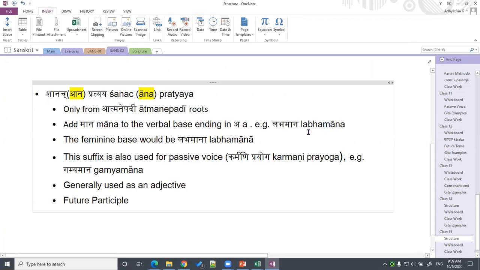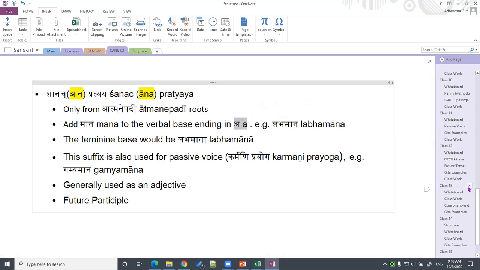So all the roots we have studied so far, all the Atmanepadi roots, have the verbal base ending in akara. That's what we have studied. So those are all akaranta, and you add mana.